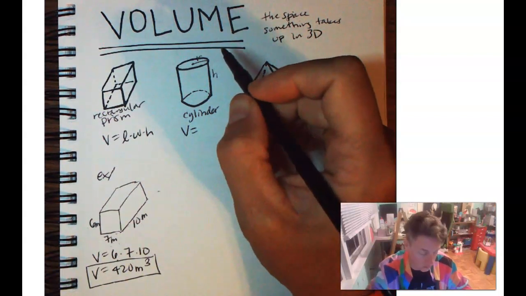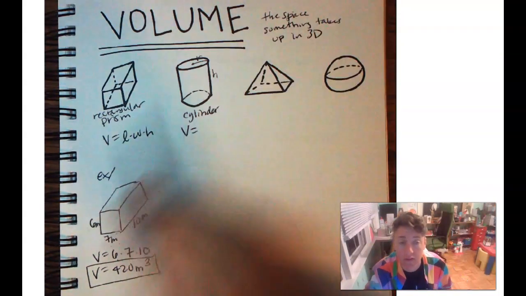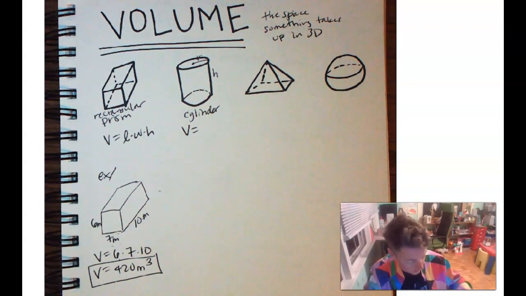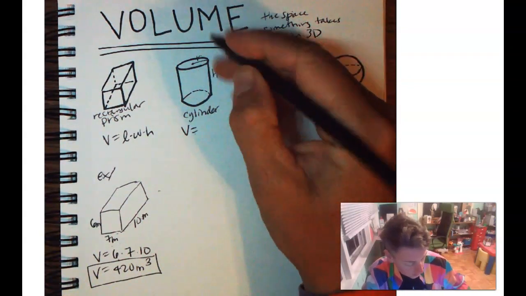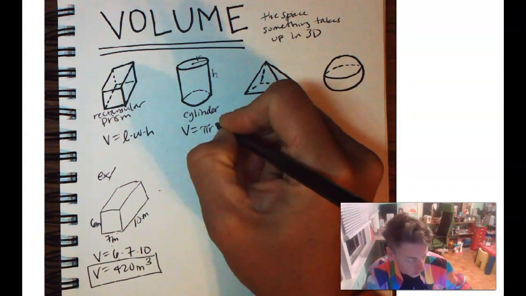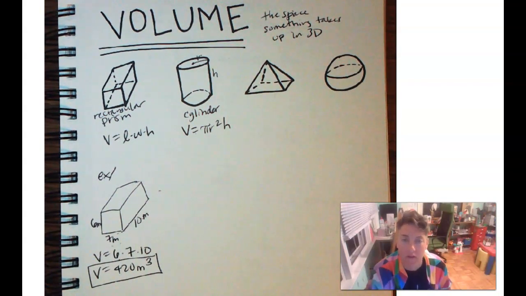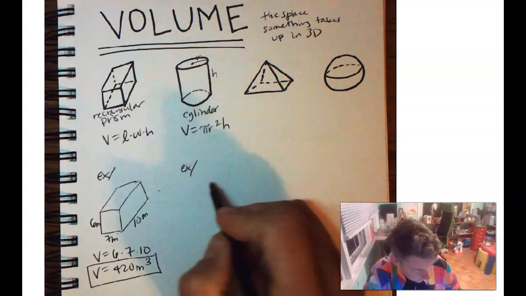That's a calculus word. So where the formula of volume of a cylinder comes from will make more sense once you get to that calculus. The formula for volume of a cylinder is the area of the circle, pi r squared, times the height. So let's check out an example, shall we?